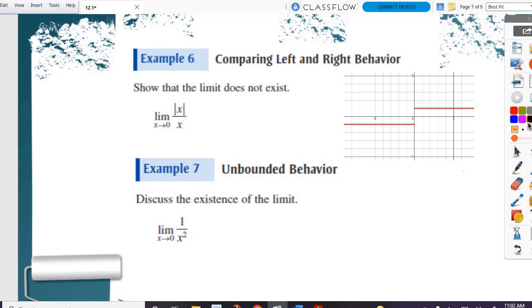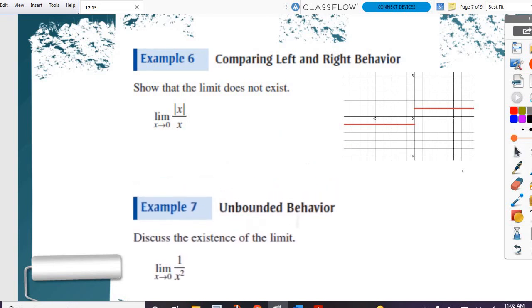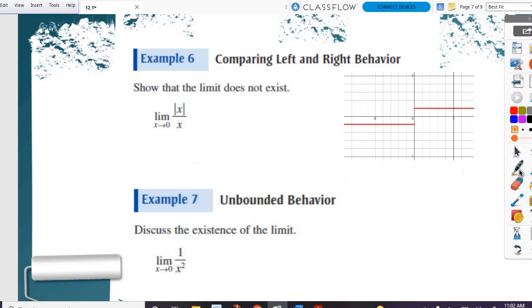Because of the limit from the left and the limit from the right. So the limit as x approaches 0 from the left is what? Negative 1. And that does not equal 1, which is our limit from the right.